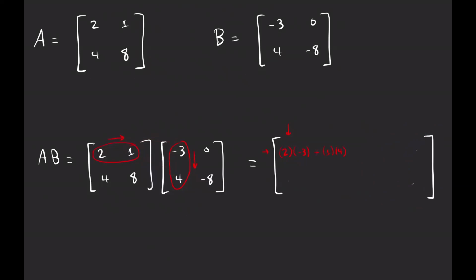So again, if you're familiar with dot products, in these two things I've circled, I'm multiplying the first entries of each of them together. I'm multiplying the second entry of each together, and then I'm just adding them. Boom. And so we'll simplify this below: -6 plus 4, I get -2 right there.